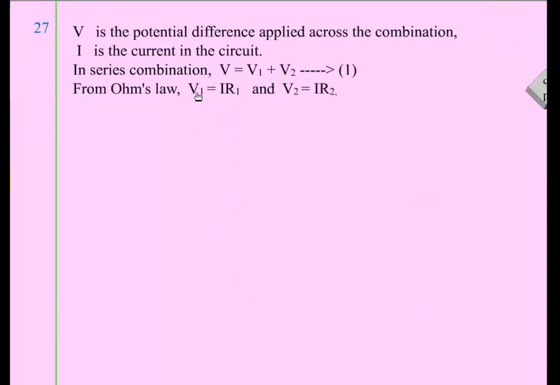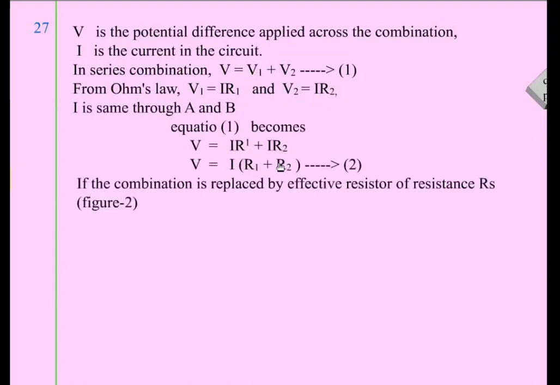According to Ohm's law, V1 is equal to IR1, V2 is equal to IR2. Substitute here for V1 and V2. That is, I R1 plus IR2. So V is equal to I into, this I is common, R1 plus R2. And for the effective resistance Rs, we get V is equal to I into Rs from the figure 2.